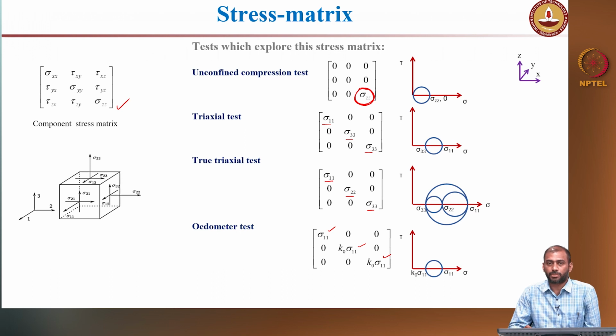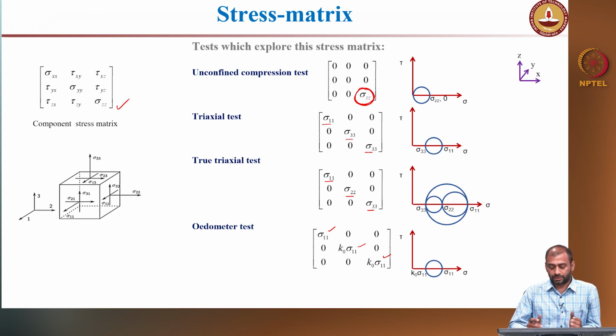If you see all these stress matrices, you are not trying to probe the shear components. If you want to probe a shear component, you either use a hollow cylinder torsion testing apparatus, where you try to probe the two shear components, or you use a directional simple shear, where you can probe all the shear stress components. The more stress components you probe, the better understanding you get of the material response under complex stress path.